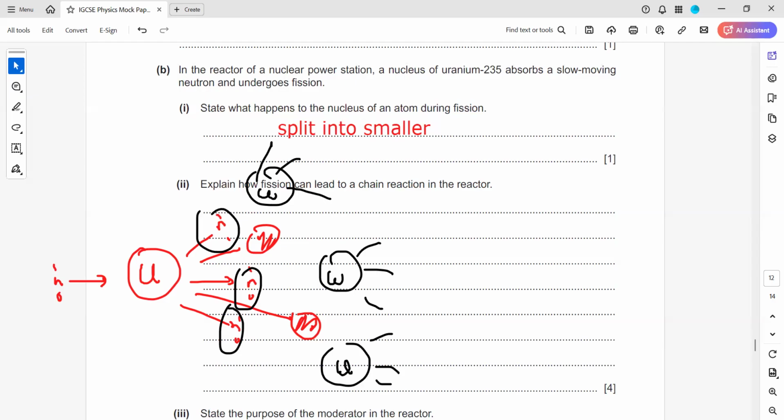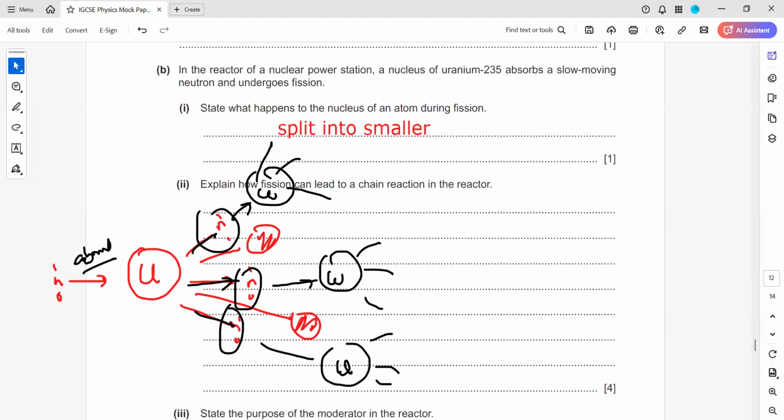So how to score these marks: mention that the uranium absorbed a neutron, like it absorbed 1 neutron, but it released more neutrons. As a result, these neutrons which are released are absorbed by more uranium and cause a chain reaction. So a neutron is released by splitting of the uranium, and that releases more neutrons. That is how it absorbs one but gives out more.